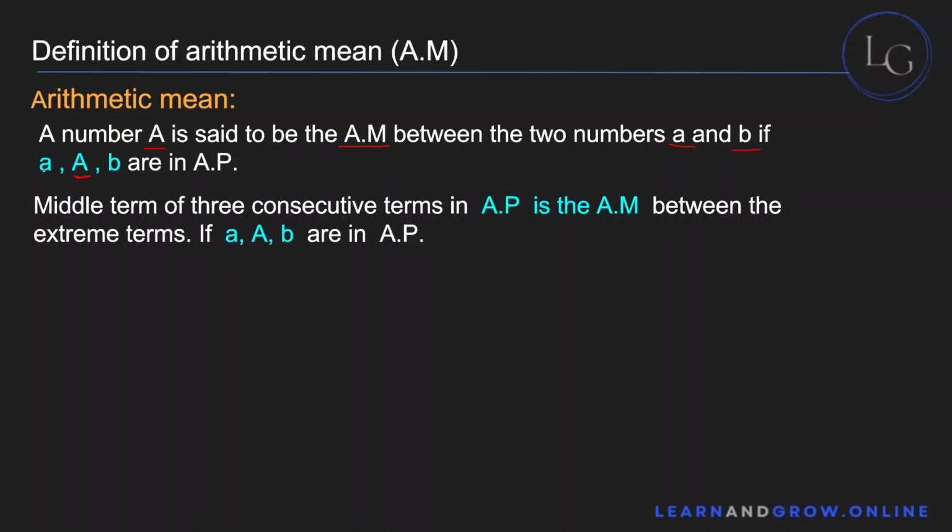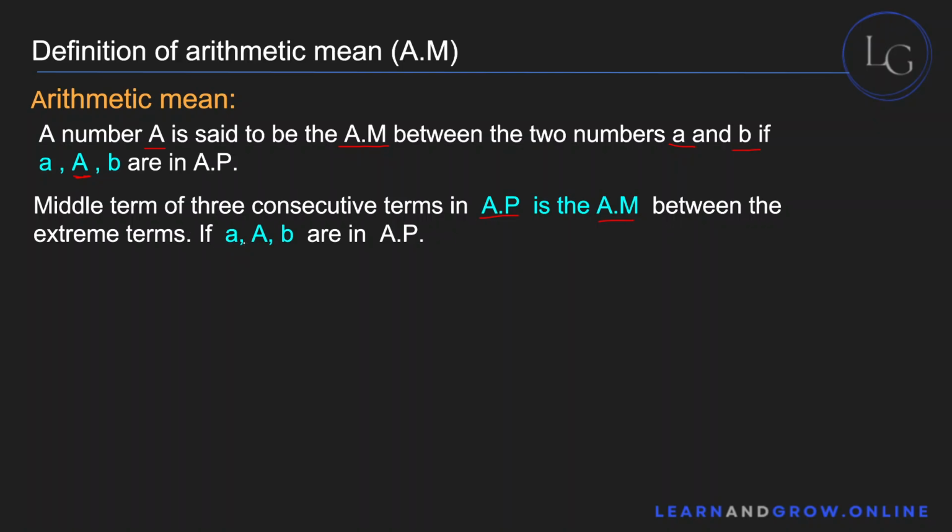So lowercase a, uppercase A, and lowercase b are in arithmetic progression, and the term uppercase A is the arithmetic mean between lowercase a and lowercase b. The middle term of three consecutive terms in an arithmetic progression is the arithmetic mean, simply put, between the extreme terms.